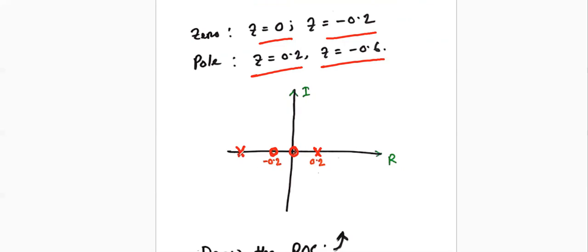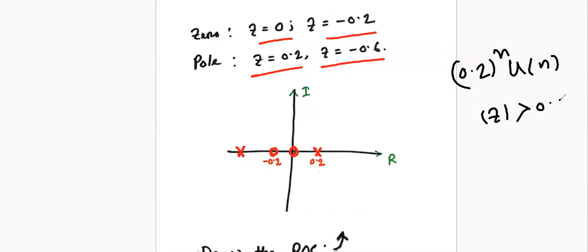Of course, this signal is an infinite series. So for the first signal, that means 0.2 to the power n u[n], we have found that the ROC is greater than 0.2.